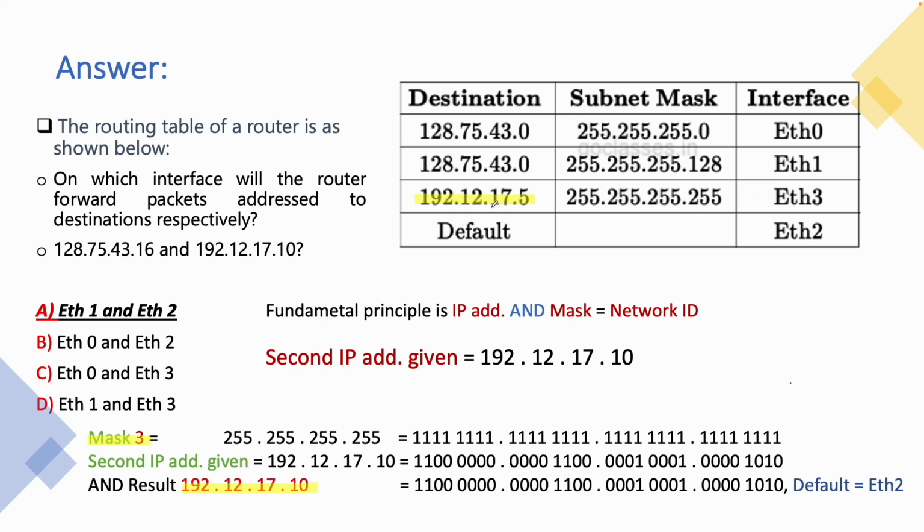Because 192.12.17.5 is given here, whereas we have 17.10 at the end. So it's not matching with the Ethernet 0, Ethernet 1, and Ethernet 3 destinations. So we will forward it to the default one, which is Ethernet 2. So your final answer is: for the first IP address you will get Ethernet 1, and for the second IP address you will get Ethernet 2. So the answer is option A, that is Ethernet 1 and Ethernet 2.